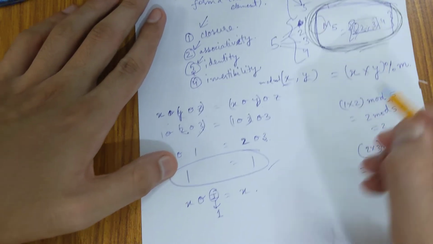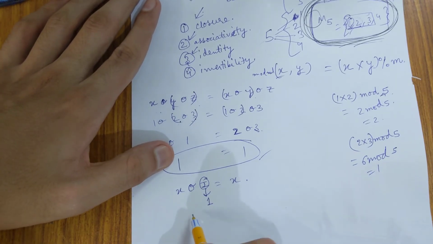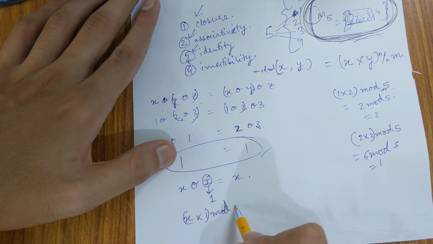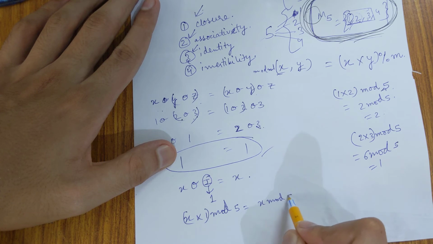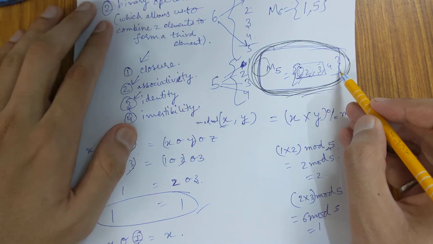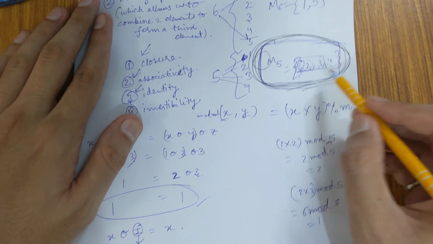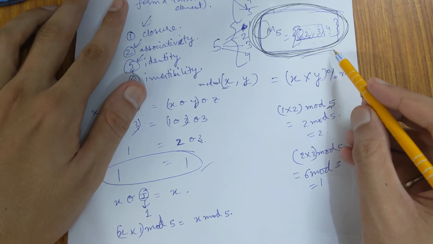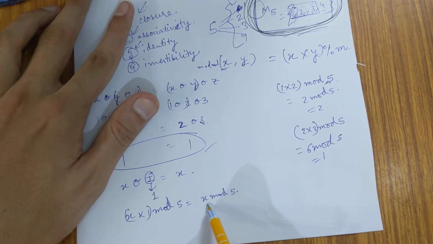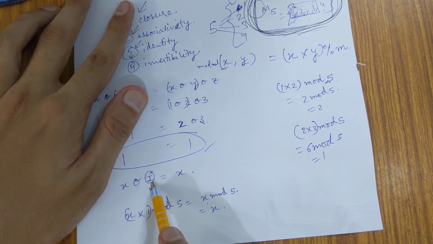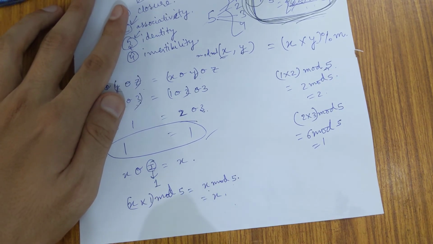Because if we do X into 1 mod 5, we will get X mod 5. So for 1, 2, 3, 4: 1 mod 5 gives 1, 2 mod 5 gives 2, 3 mod 5 gives 3, 4 mod 5 gives 4. So if we do the operation with 1, we get X itself here.